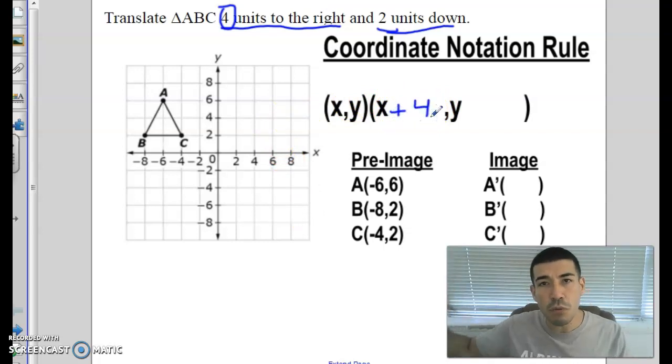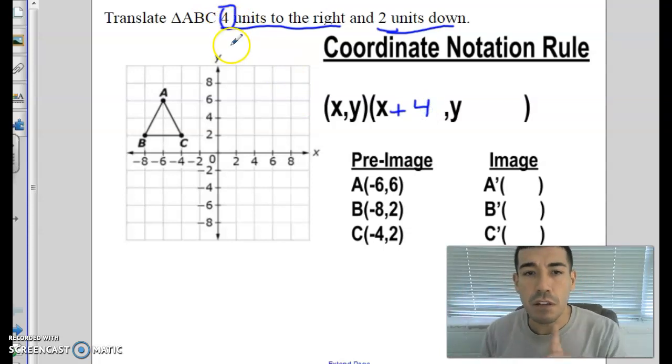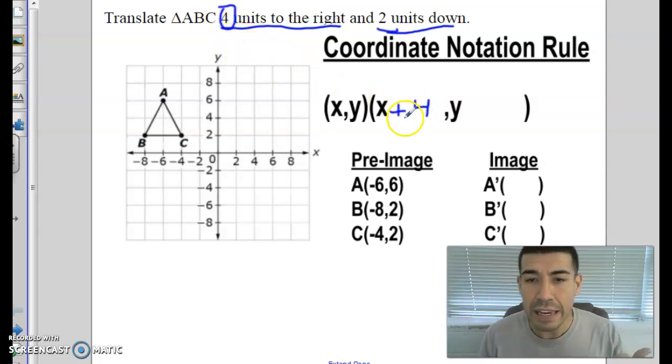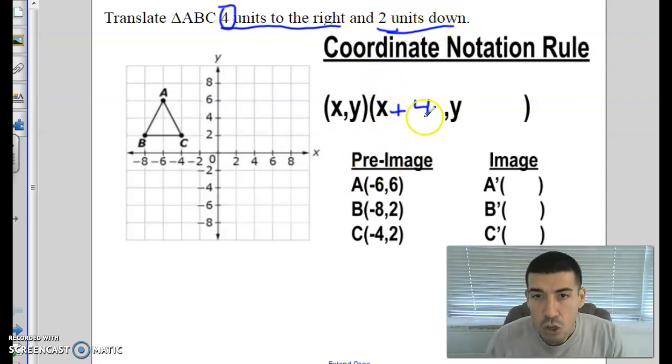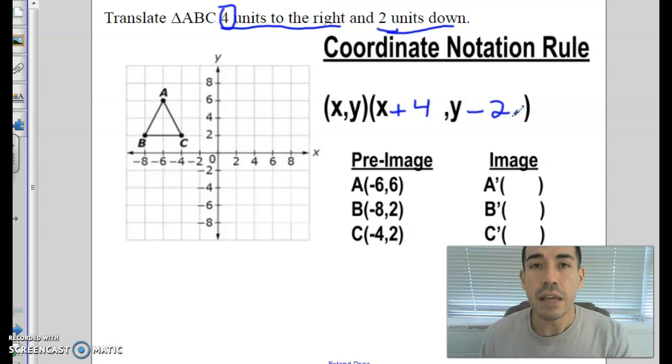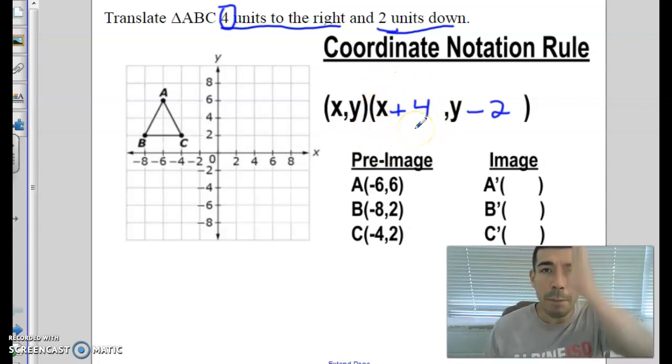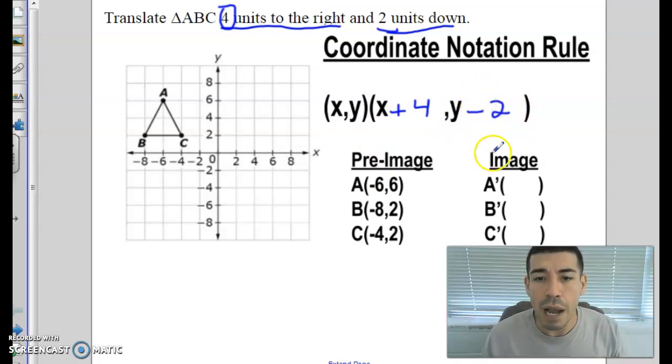If the problem said move 4 units to the left, then it would be minus 4. Is that clear? Now look, 2 units down. When you're talking about up or down, you're talking about the y-axis. So because you're going 2 units down, this will be minus 2. Again, if it said move 2 units up, then it would be plus 2. Please remember that. If you're moving left or right, you're talking about the x. If you're moving up and down, you're talking about the y.